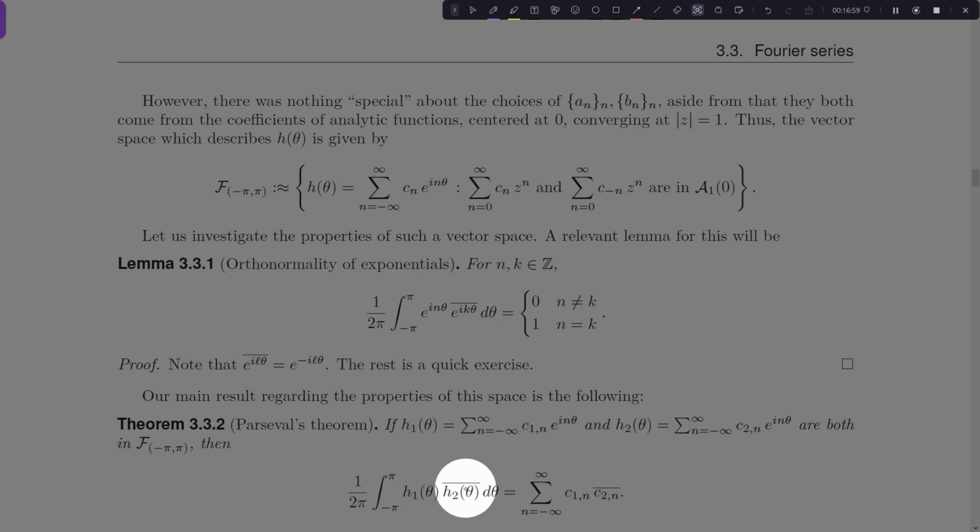If I take one and then a conjugate of the other, and I integrate over their domains, and I normalize that integral, then I sum all of the coefficients. It turns out that the only pieces which survive that integration are exactly the coefficients because of this property here.